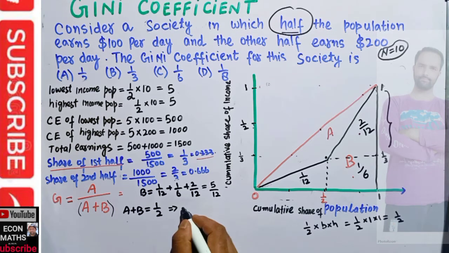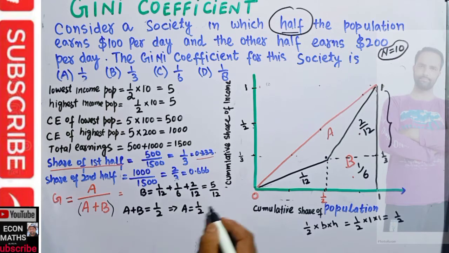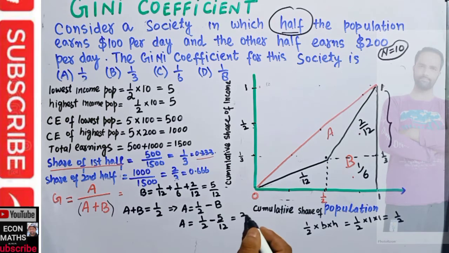If I write it like this, the area of A will be equal to 1/2 minus B. So A is equal to 1/2 minus 5/12. So 12 minus 10 comes out to be 2/24. So the area of this region is 2/24, which is 1/12.